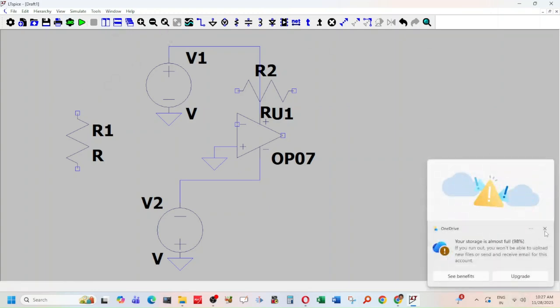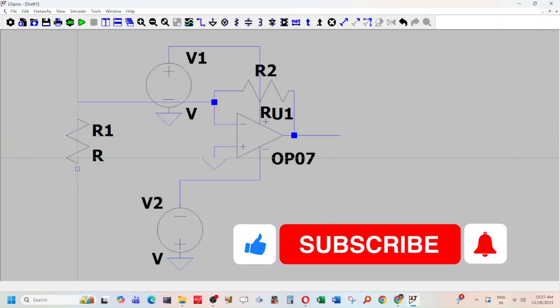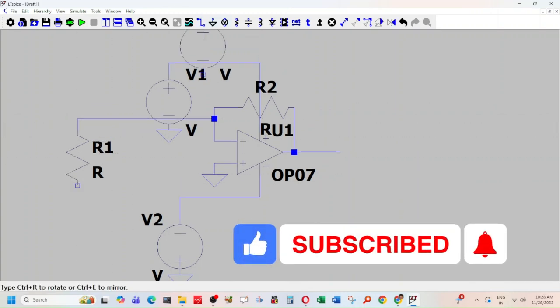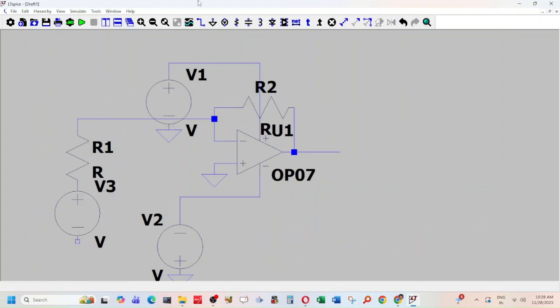Make all the suitable wirings to complete the circuit. Also add the input power supply that we need to amplify.